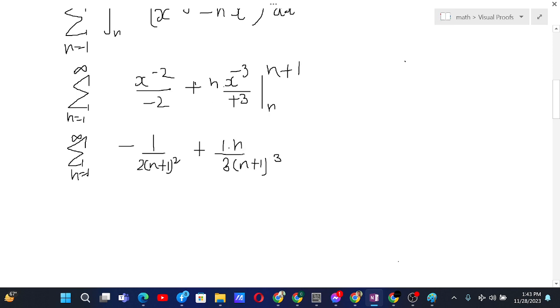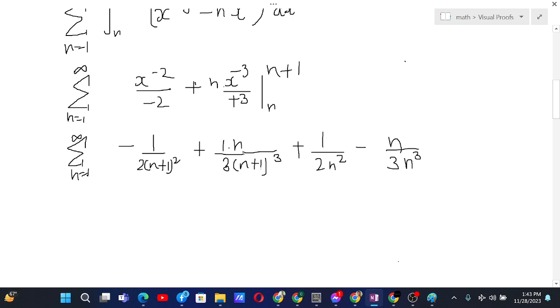Then again there is a minus, so plus 1 by 2 times n squared, and this is minus, so minus n by 3 times n cubed. Is it? Yes, it is.